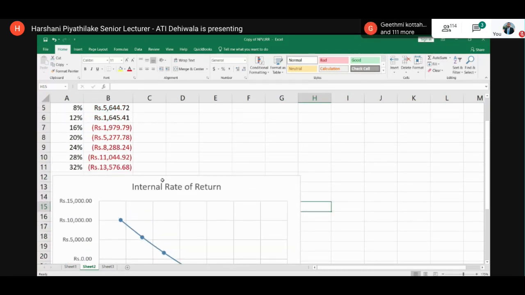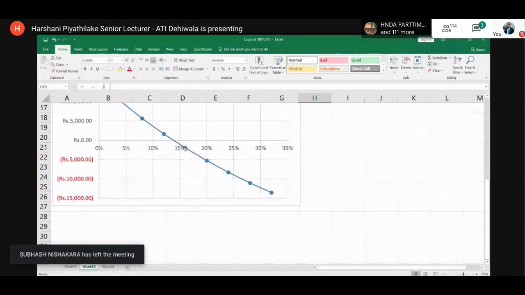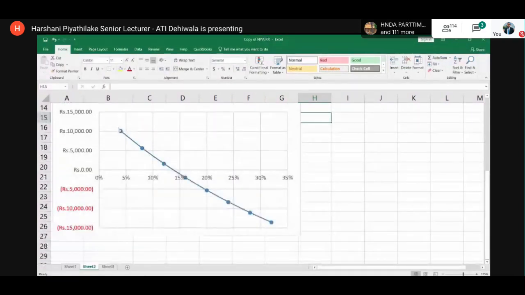See, after the zero NPV, you can see a negative amount for the 16%. Right? Likewise, it gives the relevant line.